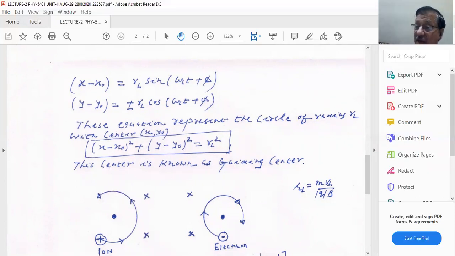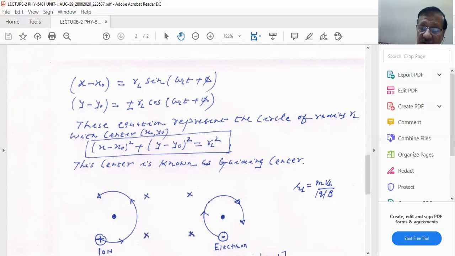It is not coming outward from the plane of your monitor, your smartphone, or the paper. I have marked the magnetic field going into the plane of the paper, right?